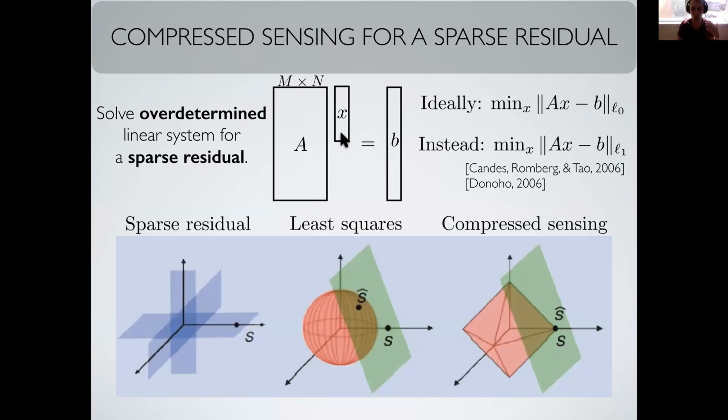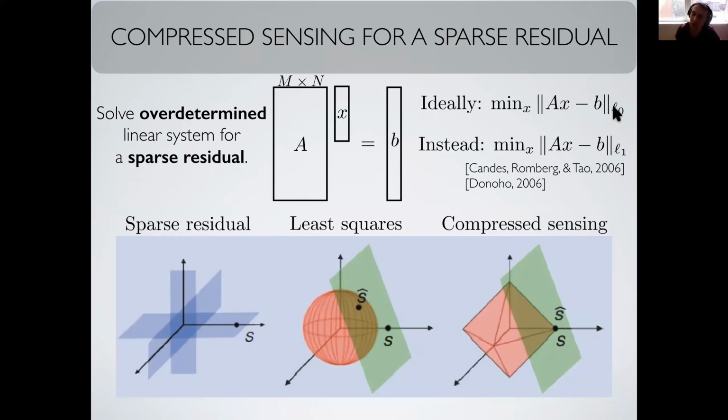There are more constraints than degrees of freedom in this linear system. And I want to solve it so that not the solution is sparse, but the residual is sparse. So instead of an underdetermined system with a sparse solution vector, I'm thinking of an overdetermined linear system with a sparse residual, which is very closely related.